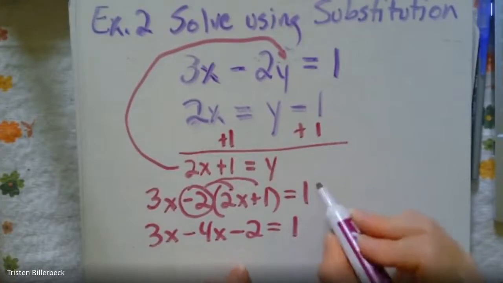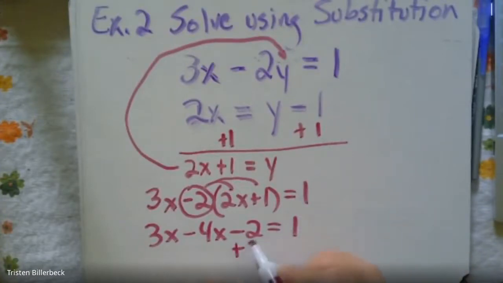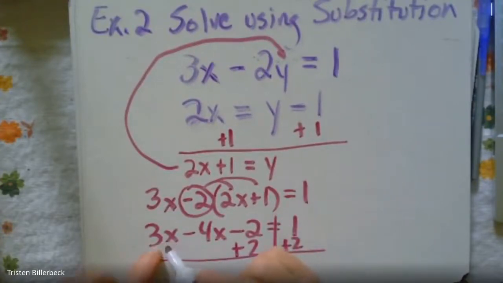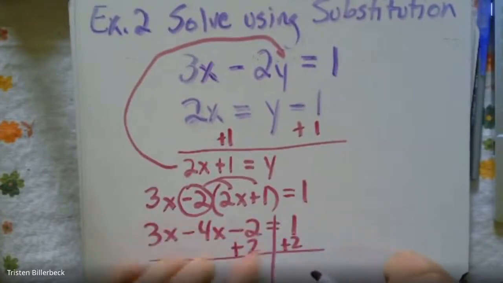So now I'm going to add a 2 to both sides. And that's going to give me negative x, or 3x minus 4x is a negative x. This is just 0, negative 2 plus 2. So I end up with negative x equals 3.